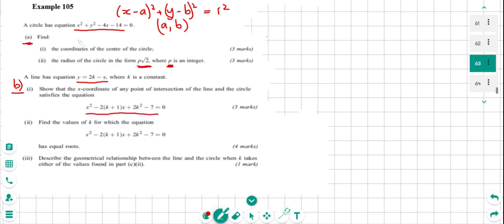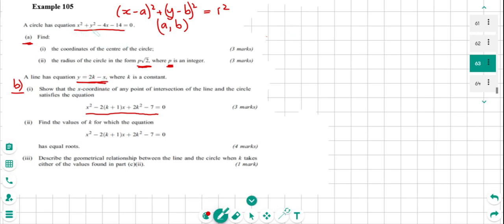So what we've got is a simultaneous equation between y is 2k minus x and also the equation of the circle, x squared plus y squared minus 4x minus 14. And so we're going to substitute the linear equation into the non-linear equation.